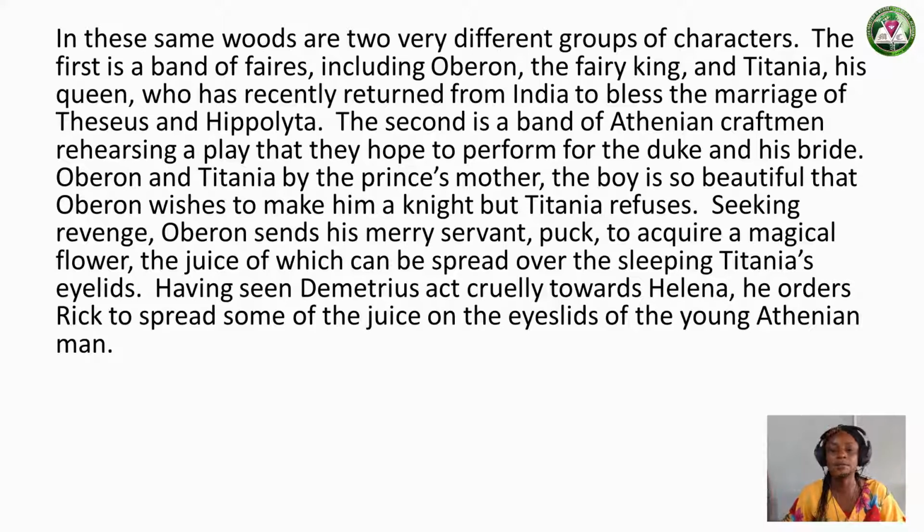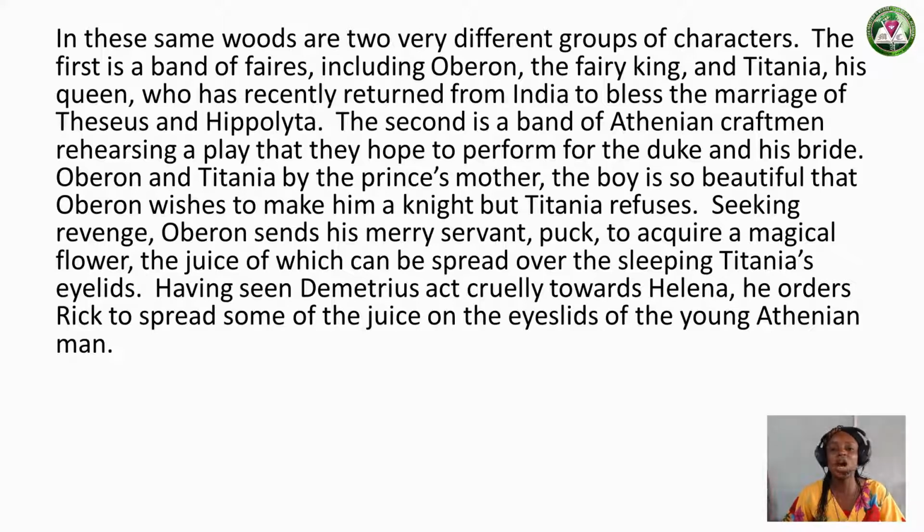Among these fairies we have Oberon, who happens to be a fairy king, and Titania, his queen. They returned from India to bless the marriage between Theseus and Hippolyta. Remember I told you earlier, at the beginning of the story, that Theseus and Hippolyta are planning to marry.